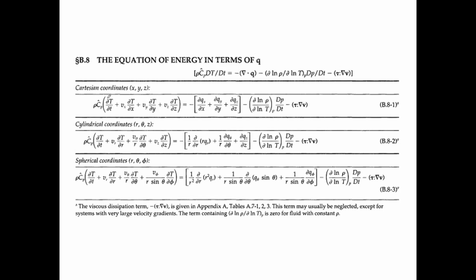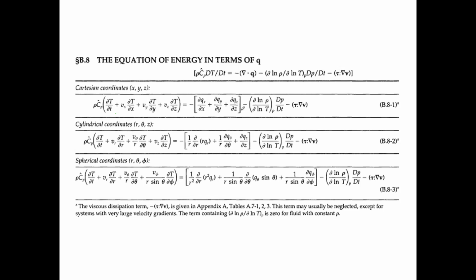Okay, so you can see here that there is rho Cp, and then dou T over dou t, temperature over time, and then with the velocity components Vx, Vy, and Vz. And then this is dou q_x over dou x.